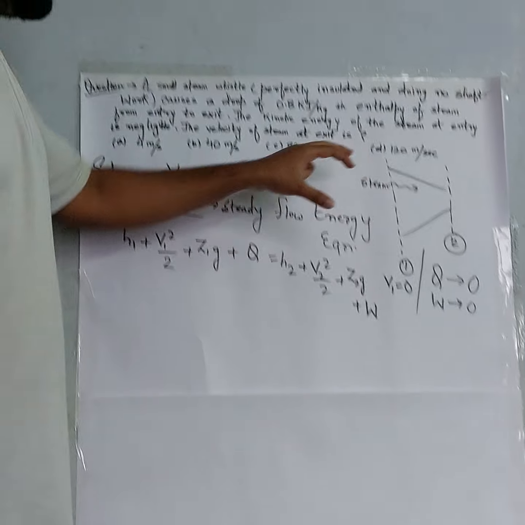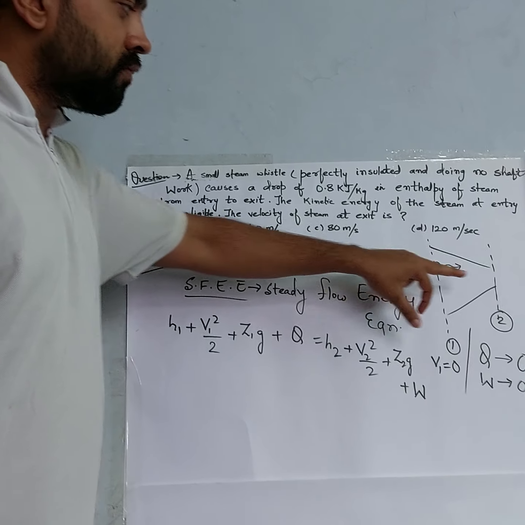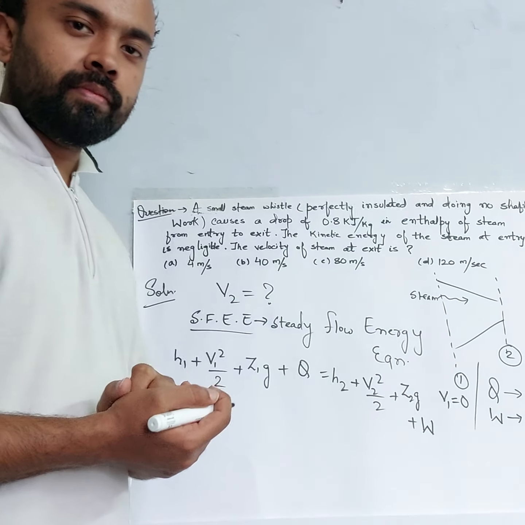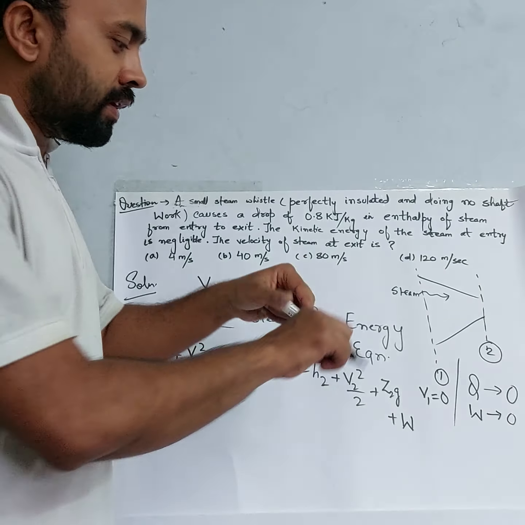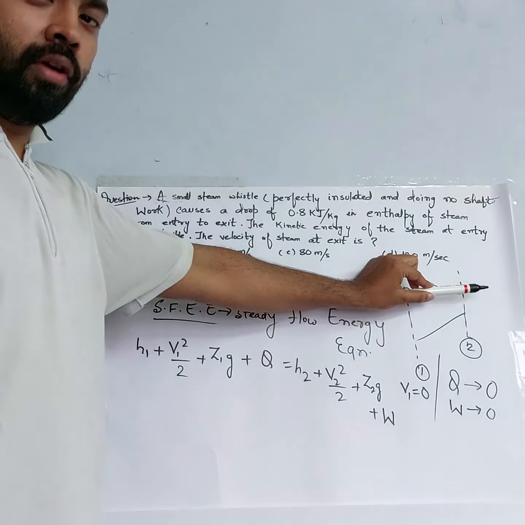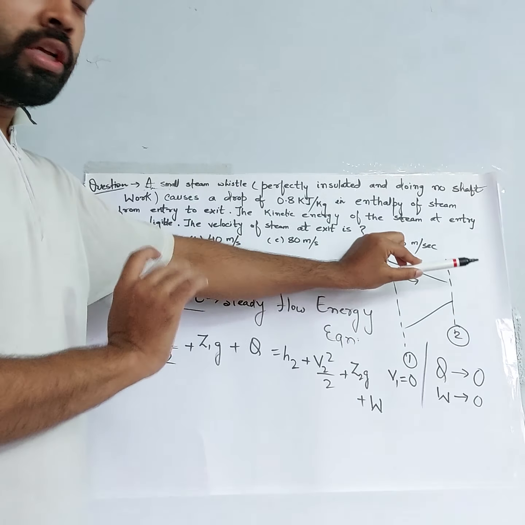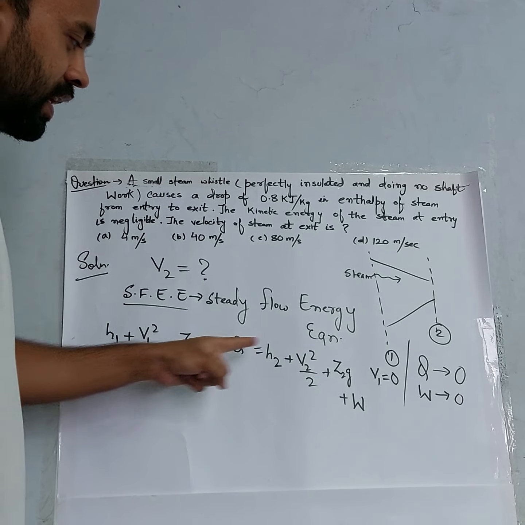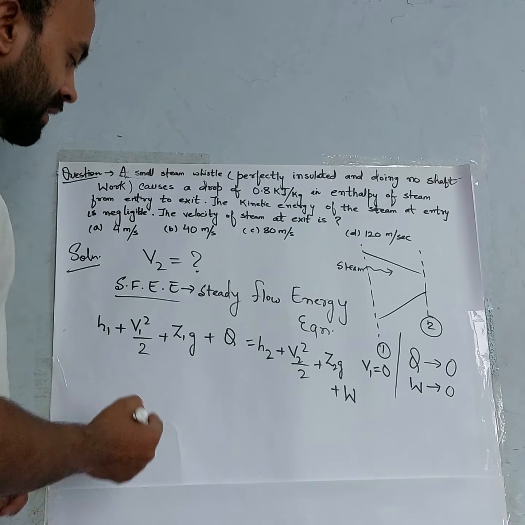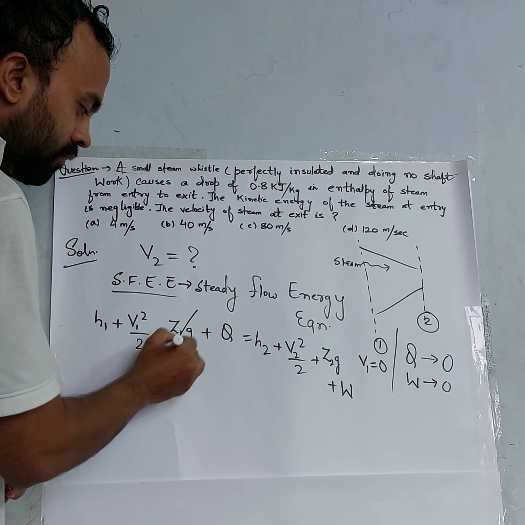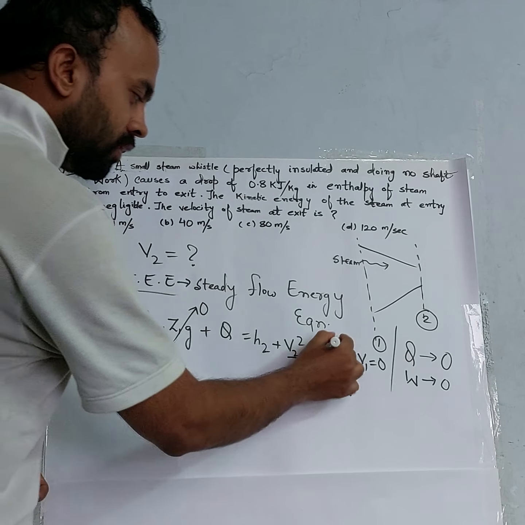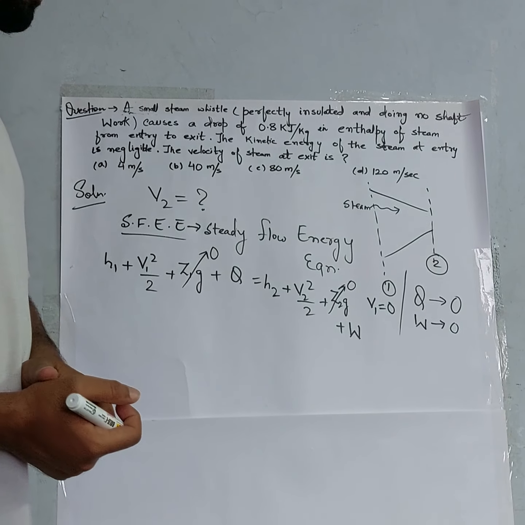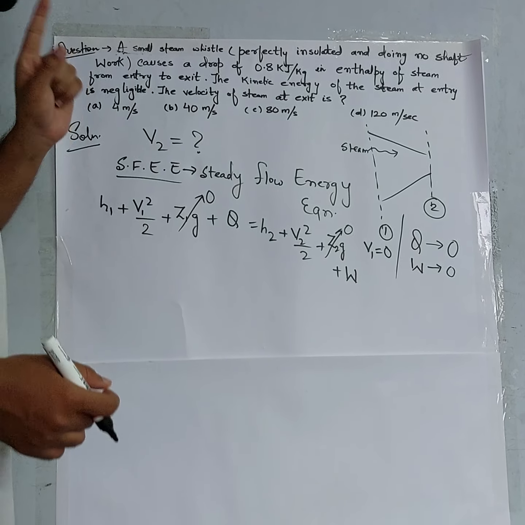Now there is nothing given in the question about the position of the vessel, so we will consider that the vessel is horizontal. Then Z1G and Z2G will cancel, both sides becoming 0.